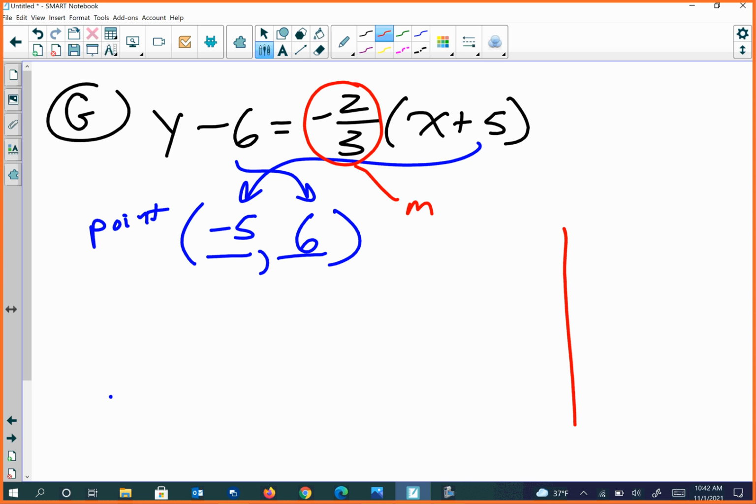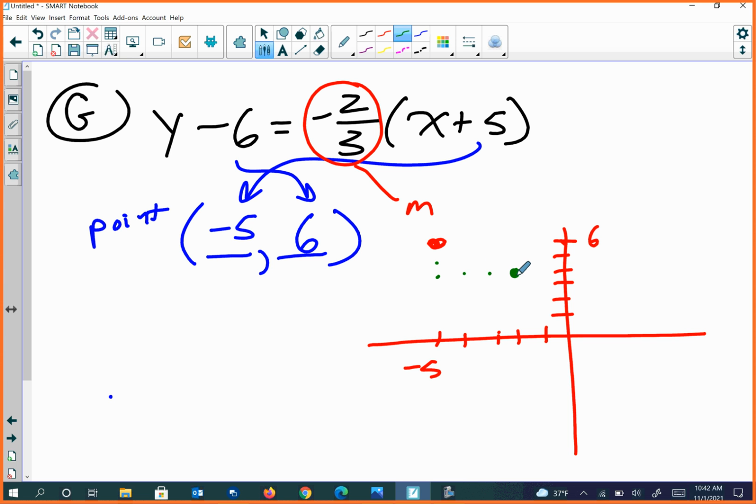Okay, so if I were to try and graph this, let's see, -5, 6. I get that. Then I get a slope of down 2, right 3. I guess I could keep going. Down 2, right 3.